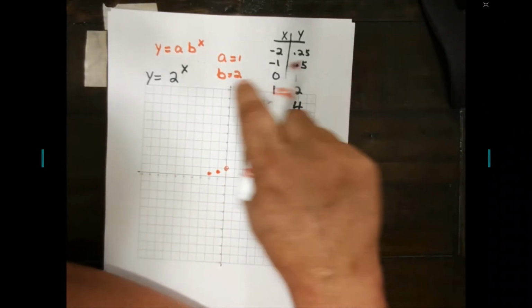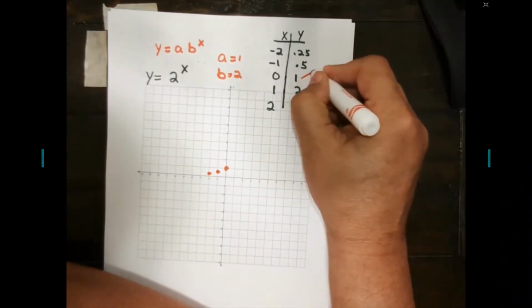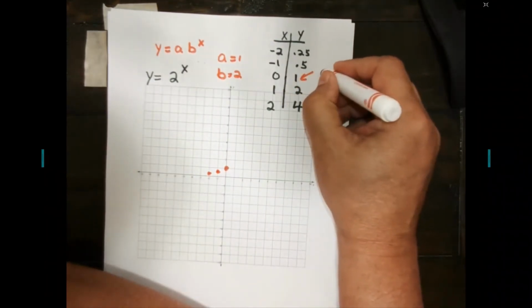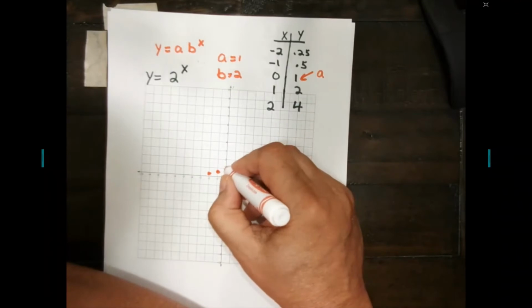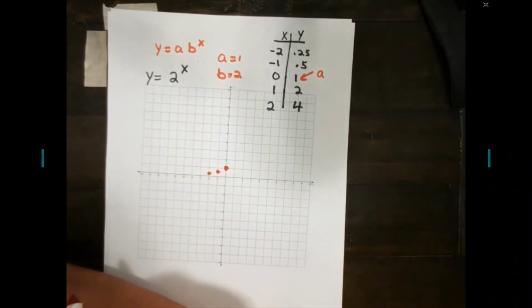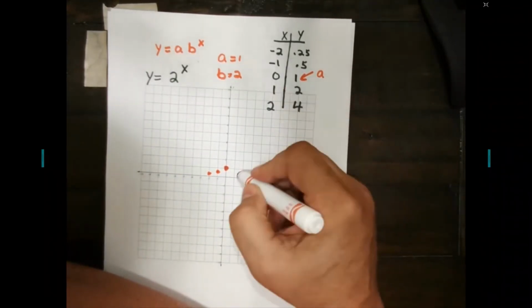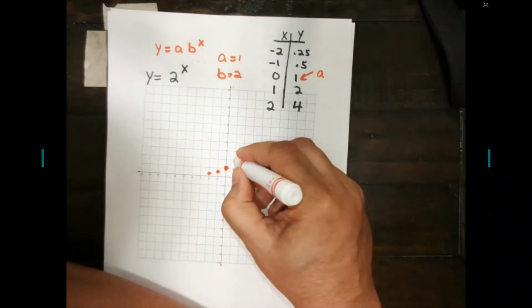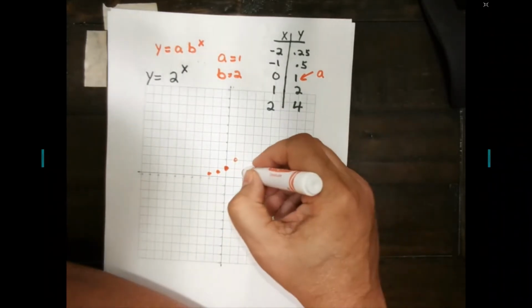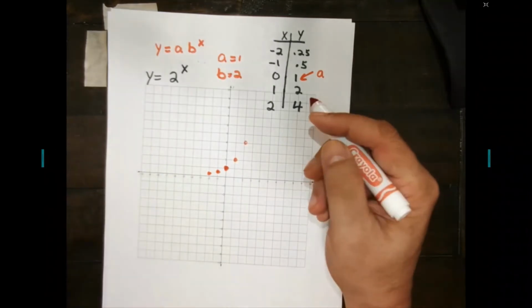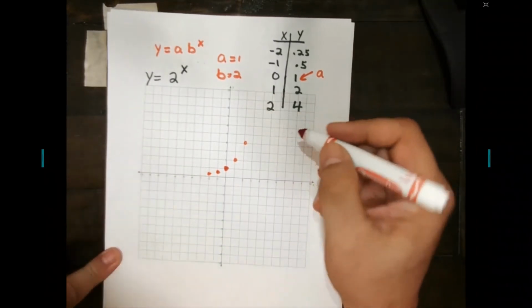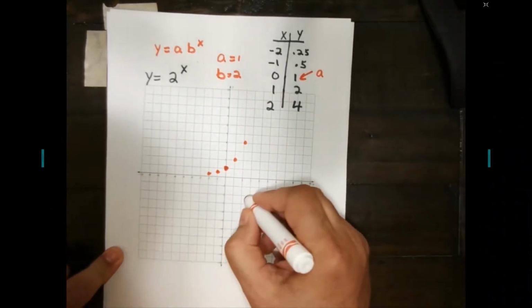And you'll notice that at 0, I get 1, and A is 1. So this value is my initial value, A, and it's my y-intercept. At x equals 1, I get 2. And at x equals 2, I get 4. And from this, we can see that our function is increasing.